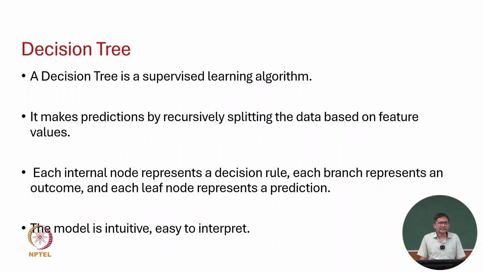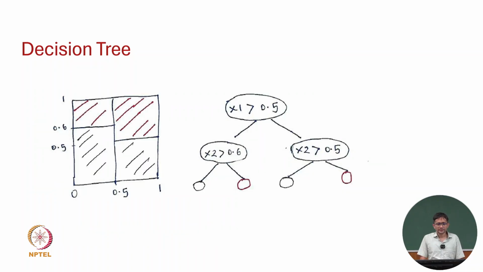Decision tree is indeed quite an intuitive model, and thus it is easy to interpret. So we'll see a visual example, a very simple example. You see there are two classes. Think of these two axes, x1 and x2. Let's say we split the data along x1, and we say x1 greater than 0.5 or x1 not greater than 0.5.